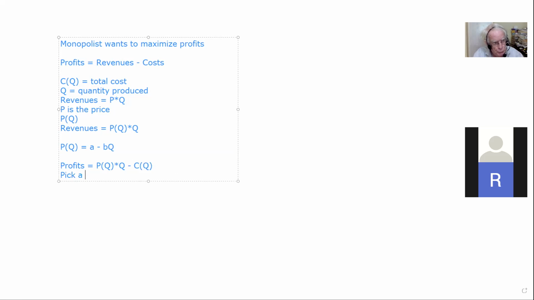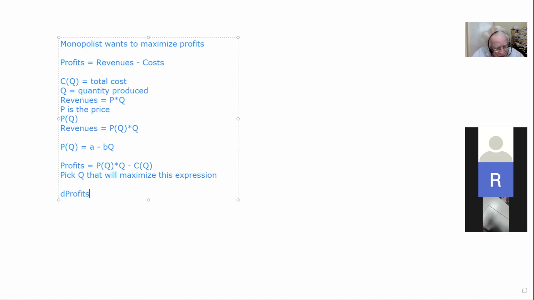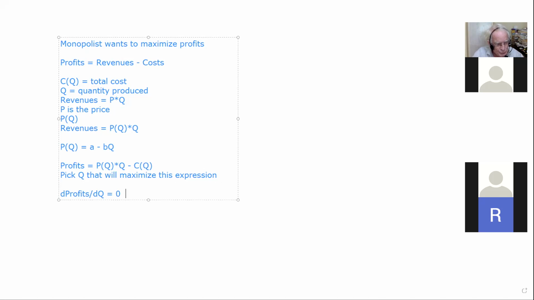So pick the quantity level Q that will maximize this expression. So if you're applying calculus, then take the derivative of profits with respect to Q equal to 0. So you remember that first order condition.